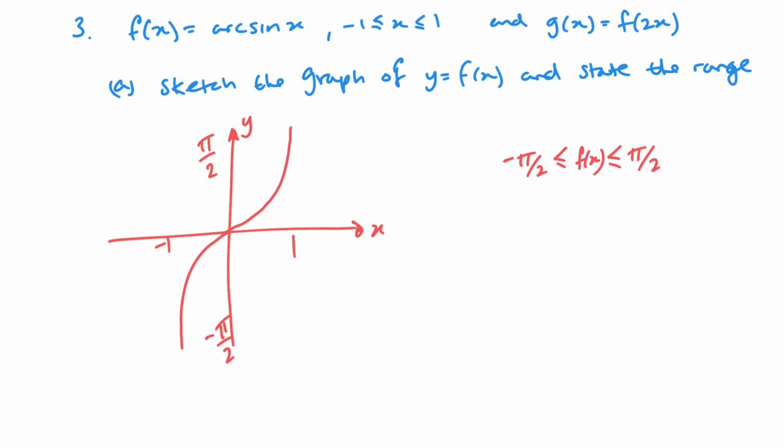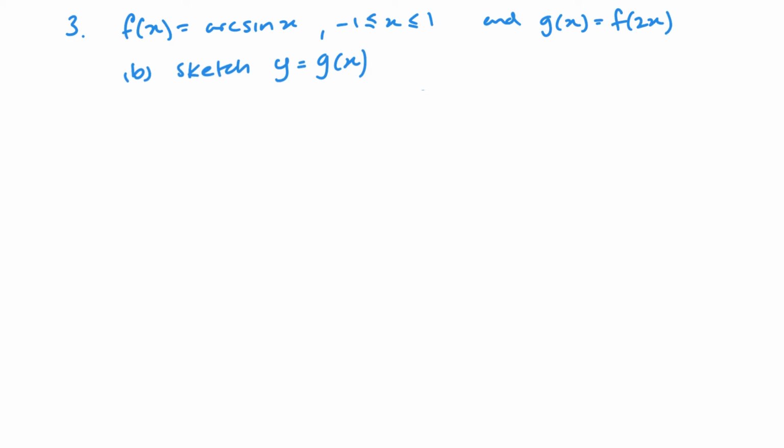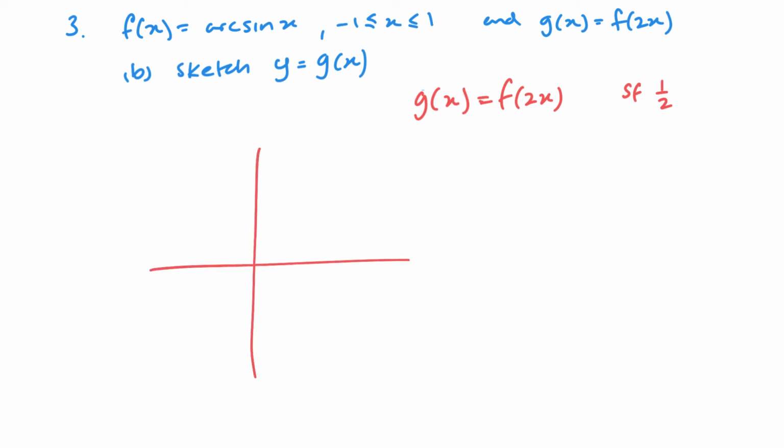It doesn't ask for the domain, as that's already in the question there. Okay, so g of x is f of 2x. So this is a stretch in the x direction, scale factor 1/2. So it should look very much like the last one.